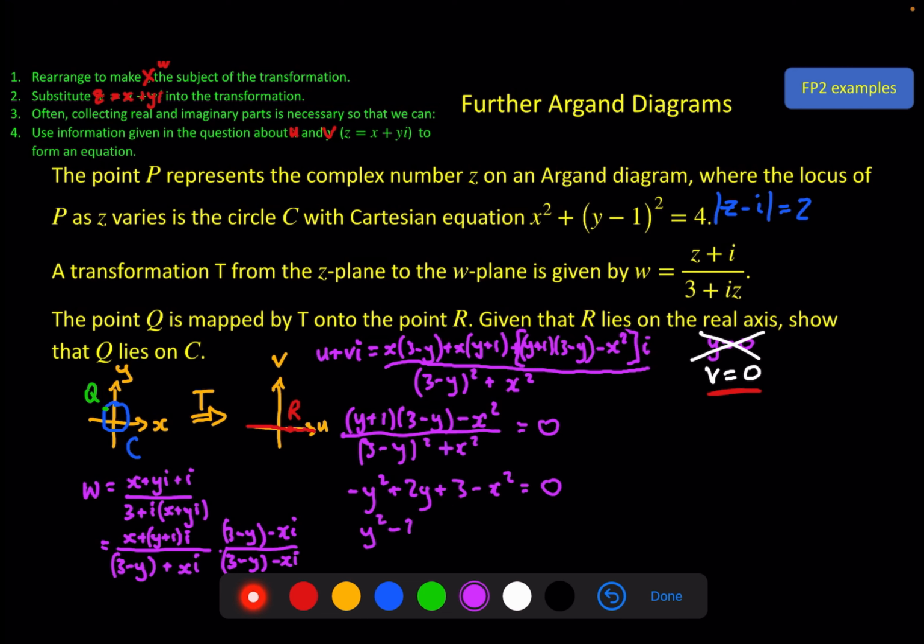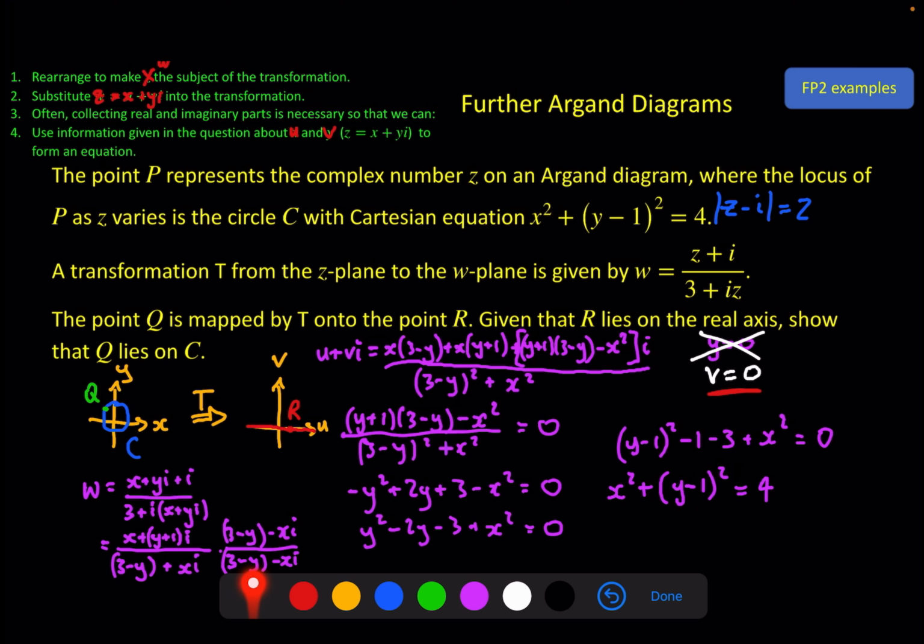Y squared minus 2y minus 3 plus x squared, and then complete the square. (y minus 1) squared minus 1 minus the 3 that's still there plus x squared. Then move the numbers on the other side and we get x squared plus (y minus 1) squared equals 4, which shows that this does indeed lie on C.